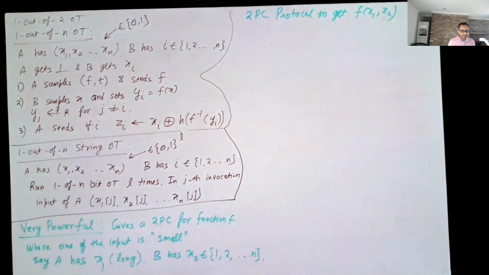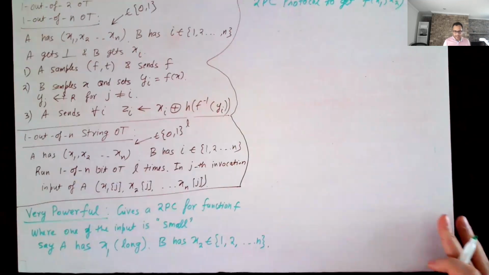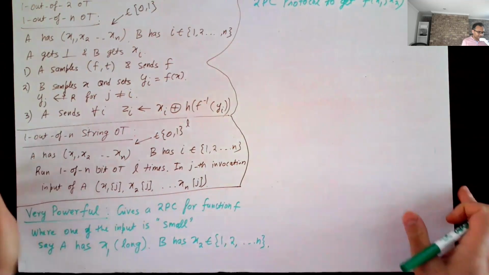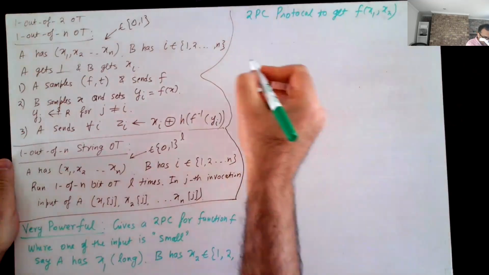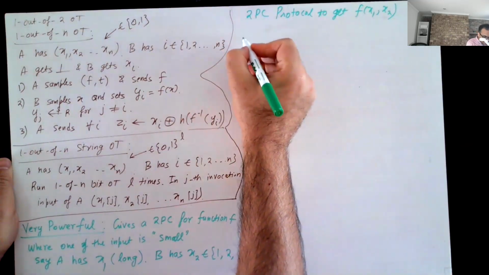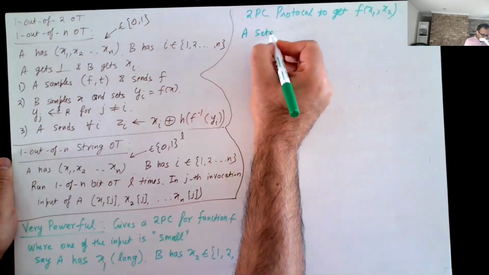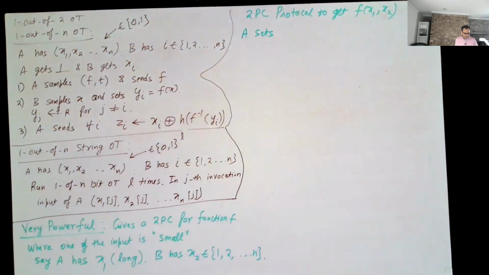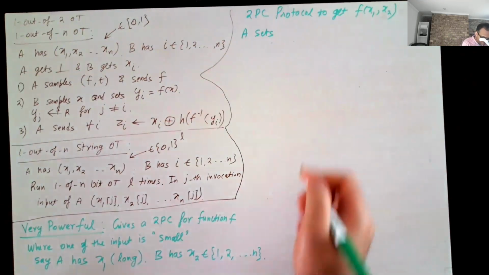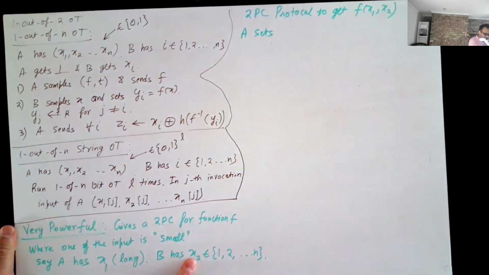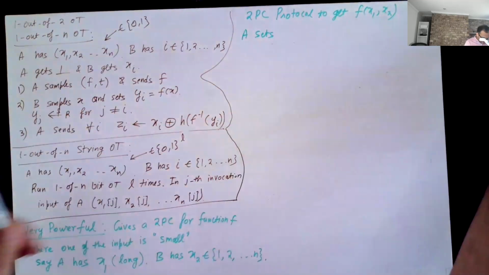So party P1, or Alice, will act as the sender. Bob will act as the receiver. So the sender A sets... since I'm using x1 and x2 here, let me change the inputs.